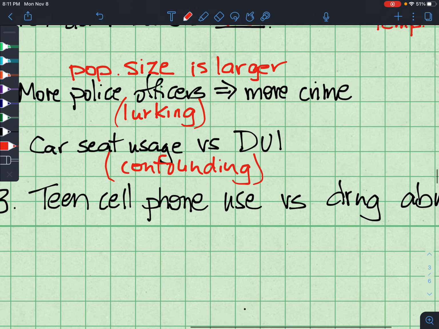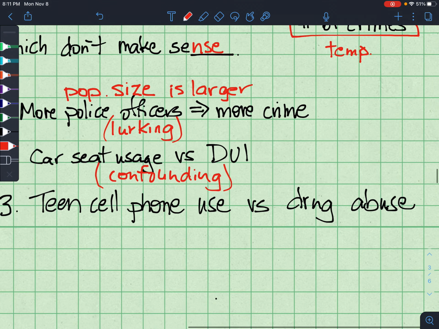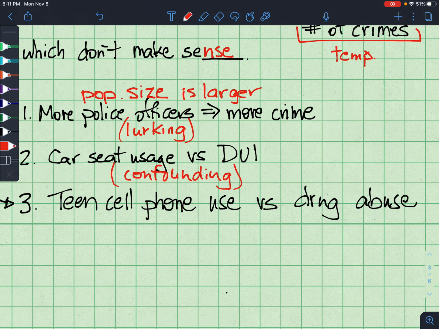What about teen cell phone use versus drug abuse? Well, clearly, as teen cell phone use has increased, drug abuse increases as well. Again, we wonder, does one cause the other? Is this a cause and effect? There are some people who sit around on their lawn chairs saying, "Get off my lawn," who firmly believe that.